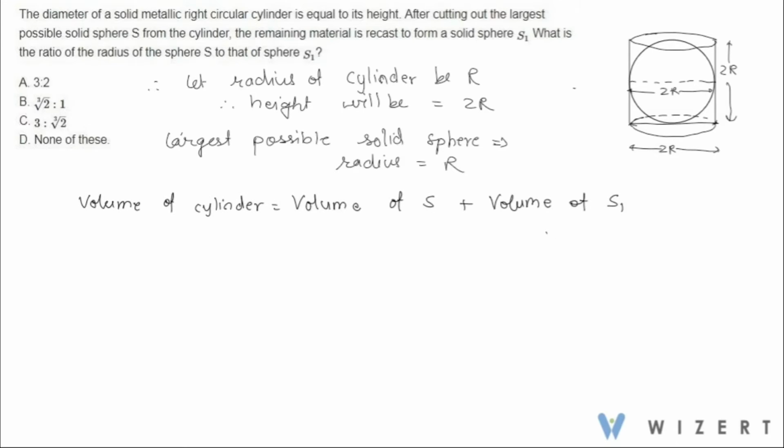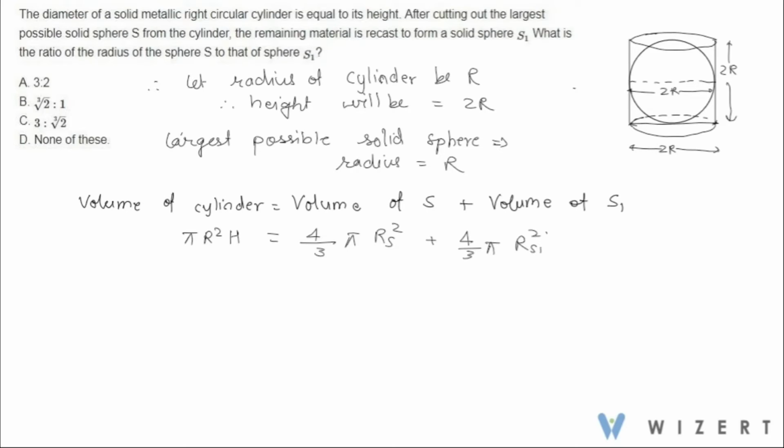Now we know volume of a cylinder is pi r square h. Volume of a sphere is given by 4 by 3 pi r cube.